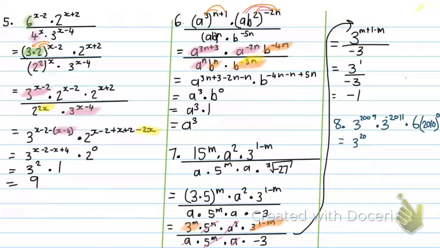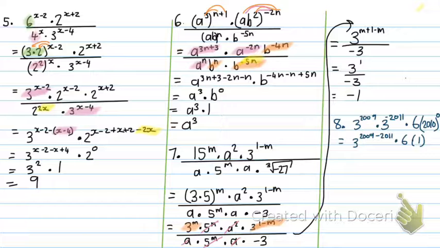So it's going to be 3 to the power 2009 minus 2011 times 6, and 2010 to the power 0 is 1. Just look at that. Only the 2010 becomes 1 because that power 0 only counts for the 2010, not for the 6. So that becomes 6 times 1.